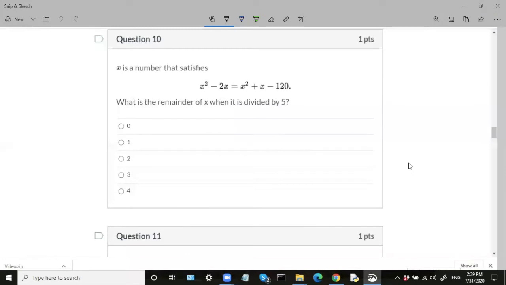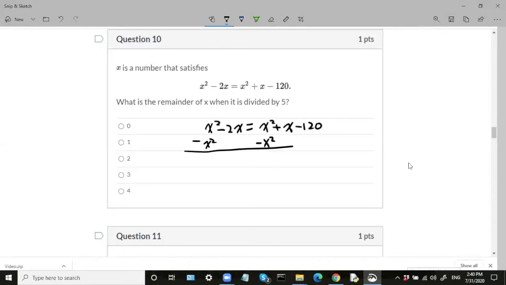Problem 10. x is a number that satisfies the equation here. What is the remainder of x when it is divided by 5? So we just need to solve for x, okay? We have the equation x squared minus 2x equals x squared plus x minus 120. Because we have x squared on both sides of the equation, we can just subtract it.